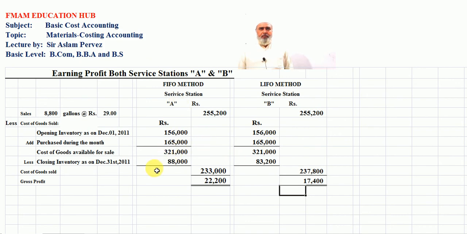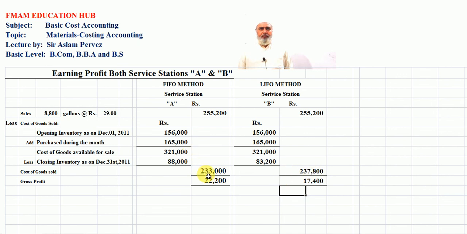You are comparing here again the closing stock. The closing stock of A is 88,000 rupees and the closing stock of B is 83,000 rupees, but the company A cost of goods sold is lesser than company B. You are comparing here 2,33,000 rupees is the cost of goods sold by company A, and 2,37,800 rupees is the cost of goods sold amount of company B. You can also see here, this is the difference.